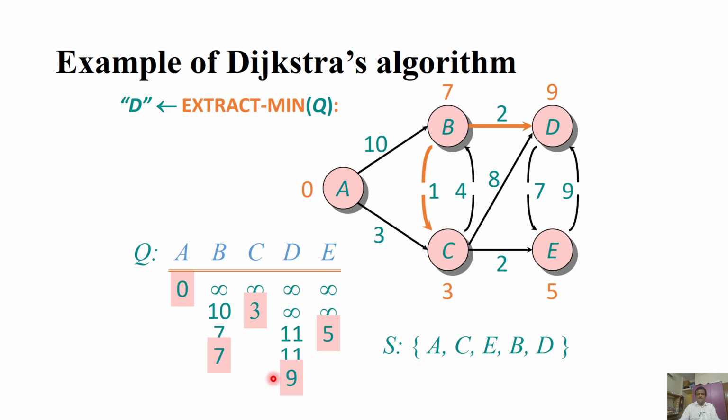Ultimately, after the execution, after Q is exhausted, this will give us the deltas, basically the weight of the shortest path from S to all other vertices. So, that means the shortest path from A to E is 5.